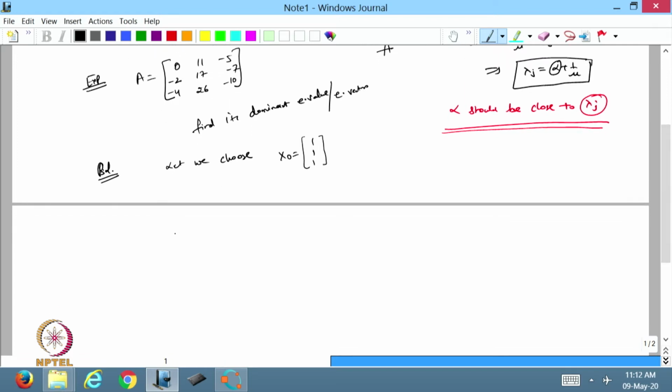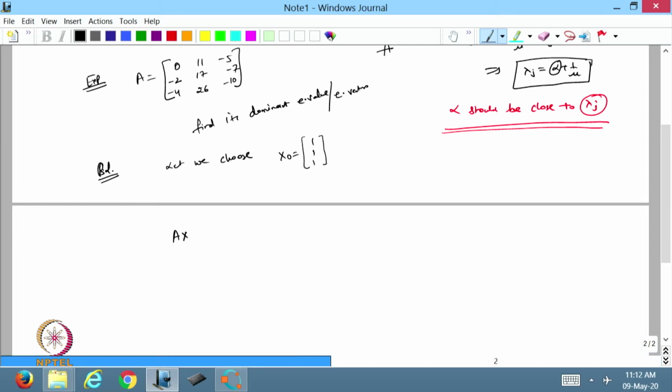Then I want to find A times x naught. From here, this is the matrix 0, 11, minus 5, minus 2, 17, minus 7, minus 4, 26, minus 10, and I multiply it with x naught, 1 1 1. From here I will get 0 plus 11 minus 5, so this will be 6.